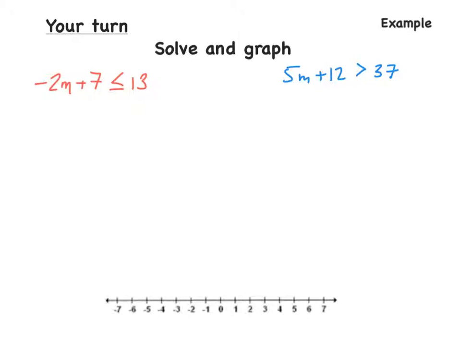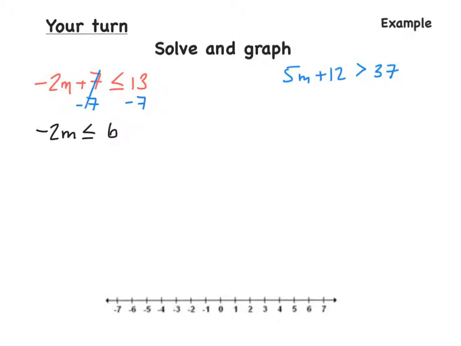Okay, so first thing, we're going to have to solve for m in both of these inequalities. So let's work on the one on the left. So to get m by itself, we'll subtract 7 from both sides, and all we'll have left on the left is negative 2m is less than or equal to 6.